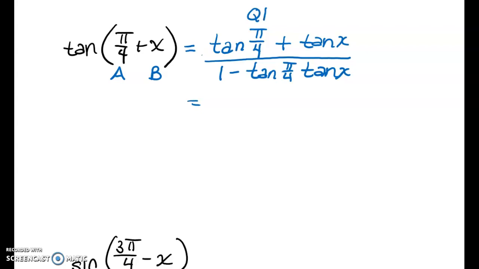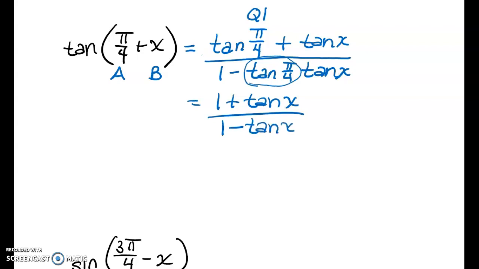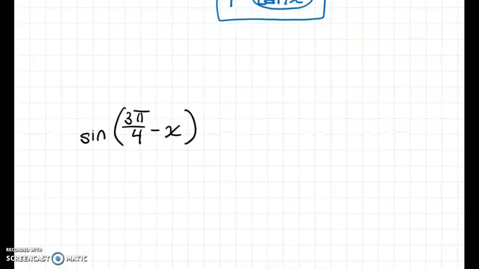The tangent of any of my 45-degree angles on the unit circle is either 1 or negative 1. In Q1, it's going to be a positive 1. So I get the tangent of x plus 1 over 1 minus, when I plug in a 1 for the tangent of pi over 4, just the tangent of x. When I look at my trigonometric functions here, they are only of a single variable, a single function of x. So I'm good here. This is my final answer.